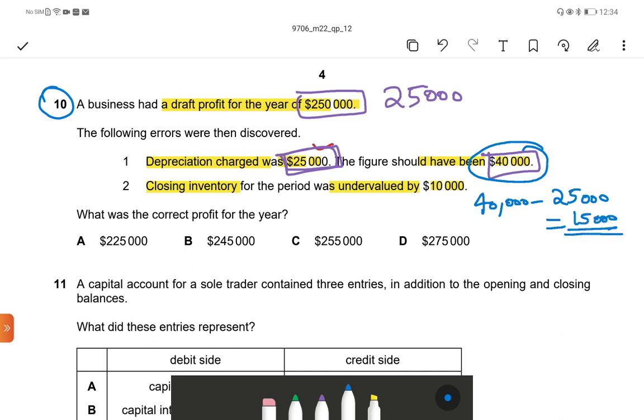Expense understated means profit will be overstated. So we have to deduct this amount from the draft profit. We deduct 15,000.